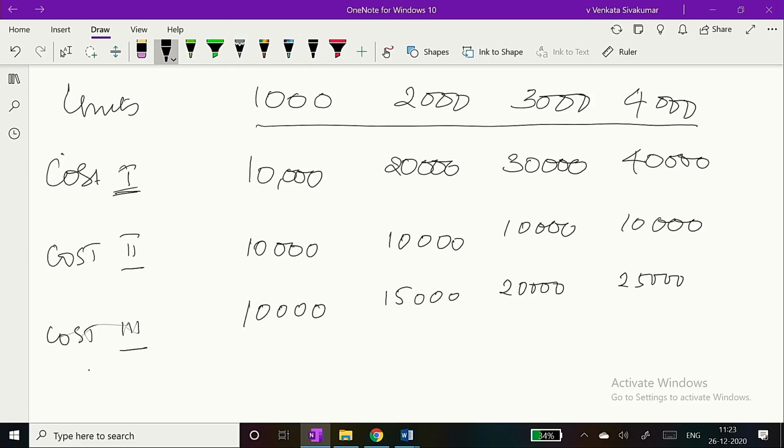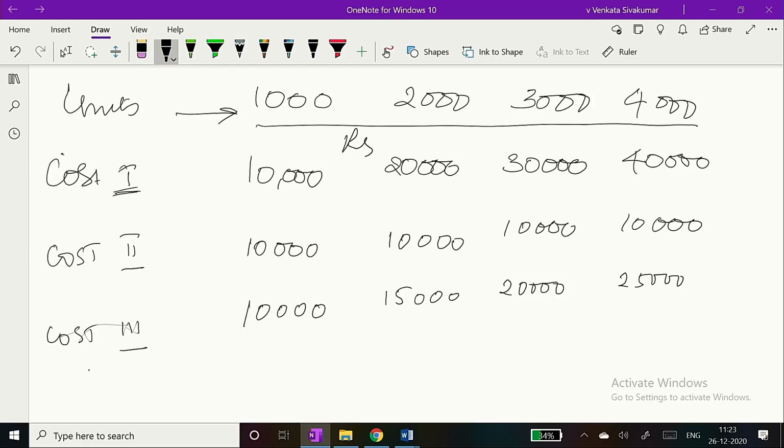These are the three items of costs that I put before you. Now, I want all the students to analyze the behavior of the cost with the level of production. When the production is 1000 units, these costs are behaving like this. These are all in rupees and this is units.